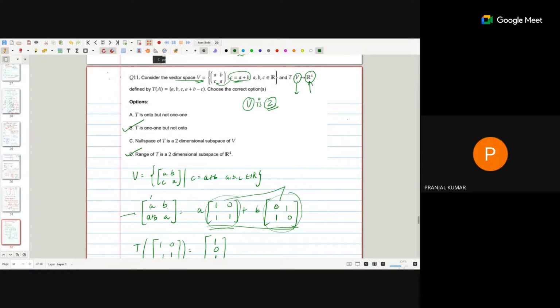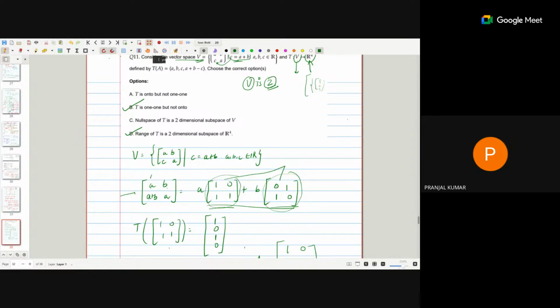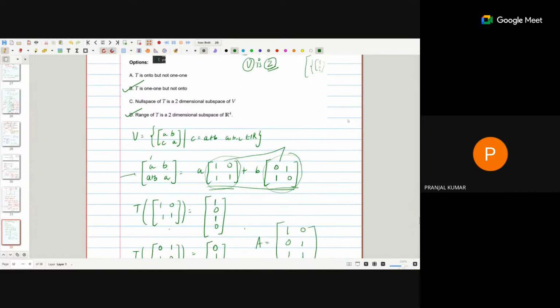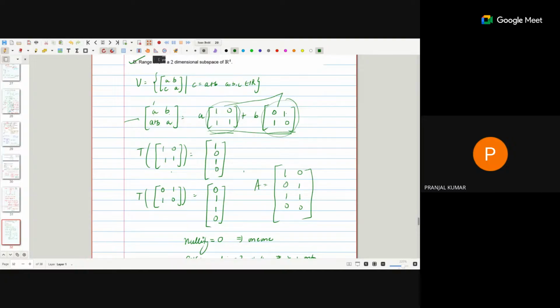And for R4, I know everything. I can just take the standard basis vectors, right? Now they have given you the linear transformation definition. They are asking to choose the correct option: T is onto but not 1-1. So again we need to get hold of the matrix corresponding to this linear transformation.